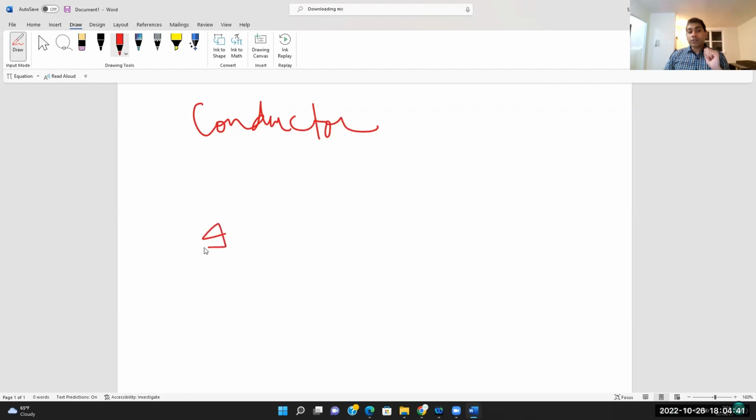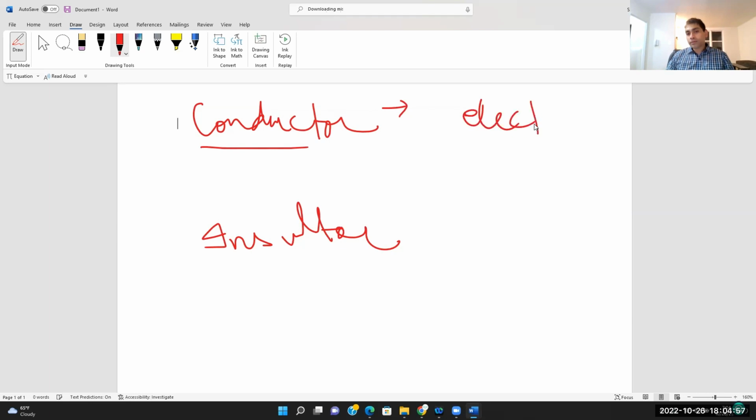Then there's the insulator. We already know what a conductor and insulator are. And from the name itself, we know a conductor is something that allows you to conduct electricity, right?